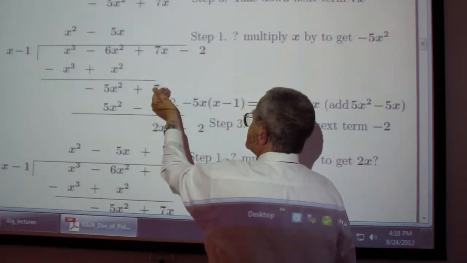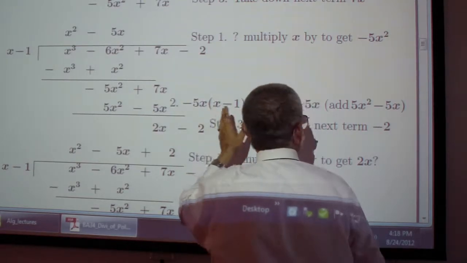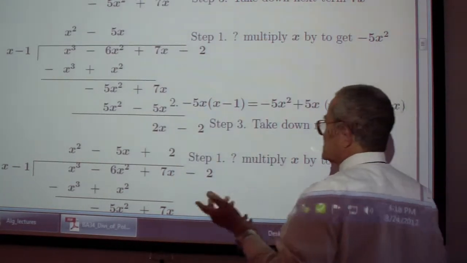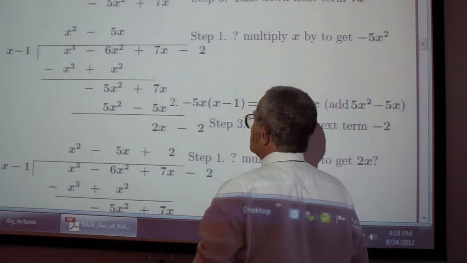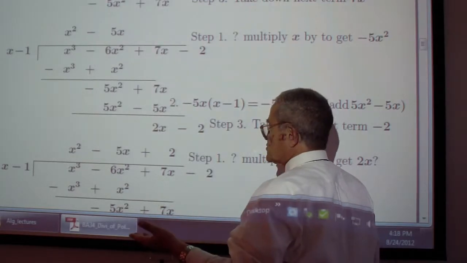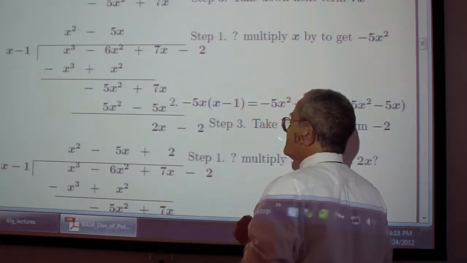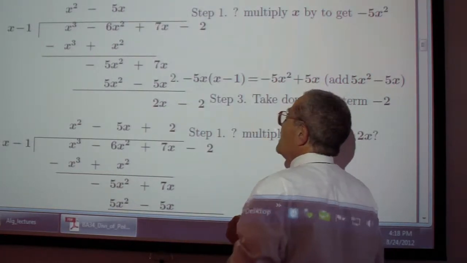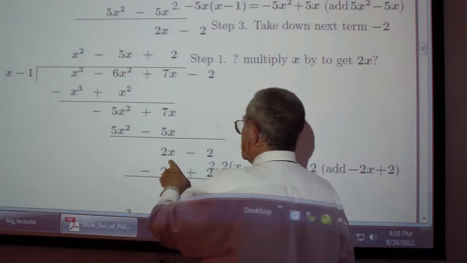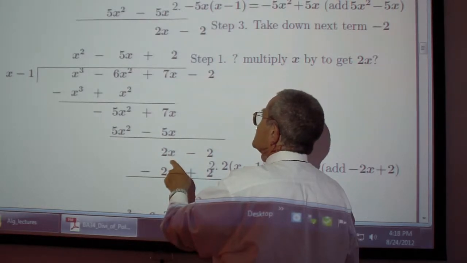And this is part of a note. I didn't have enough room to put this in the margin, so I didn't want to put it in the margin. So take down the next digit, take down the next term, you get negative 2. What do you multiply x by to get positive 2x?